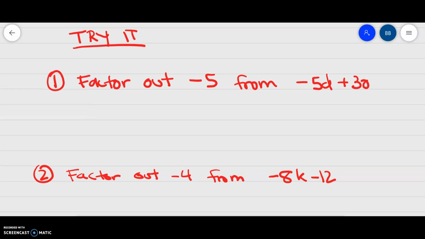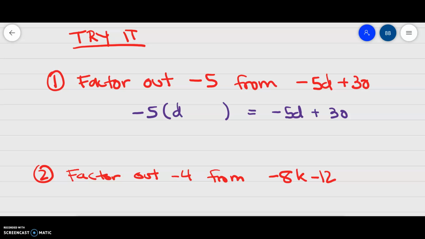All right, so for this first example, we have negative 5d plus 30, and we're trying to factor out a negative 5. All right, so I could think negative 5 times what equals negative 5d, and that would be just d.